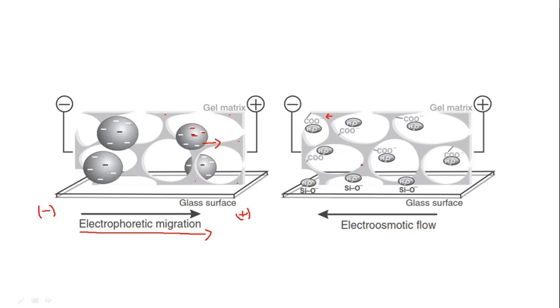If you use agarose, the agarose contains sulfhydryl groups, and the glass surface will produce silicon oxide groups. Those groups significantly affect DNA or protein as it migrates in this pore. This is called electroendosmosis one.